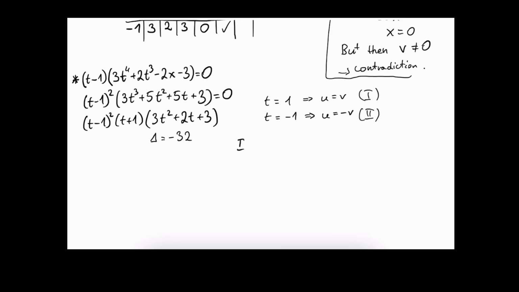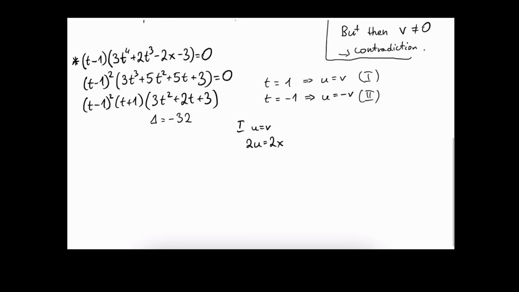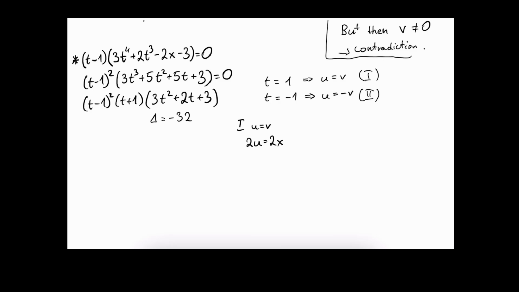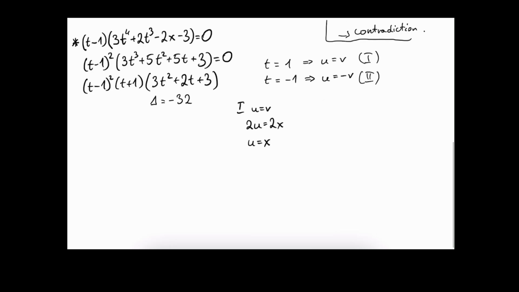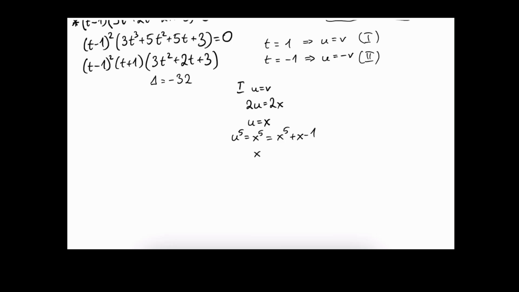If u equals v, 2u equals 2x. Then, if u equals x, u to the 5th power equals x to the 5th power, which is equal to x to the 5th power plus x minus 1. x minus 1 is equal to 0, so x is equal to 1.